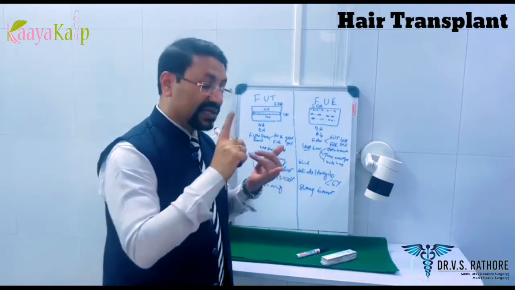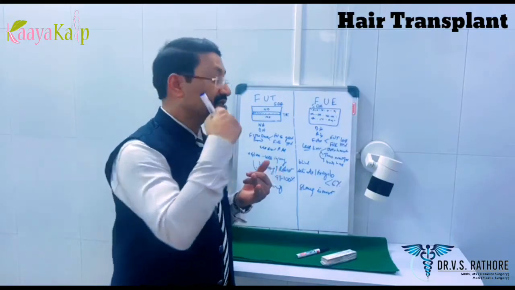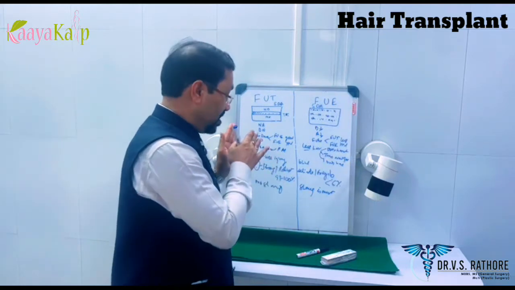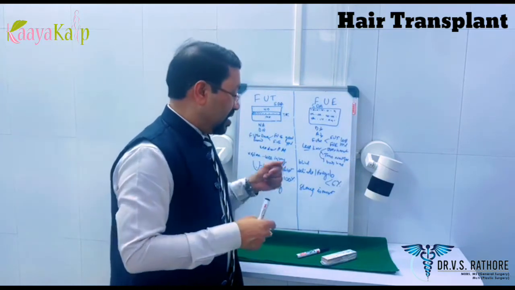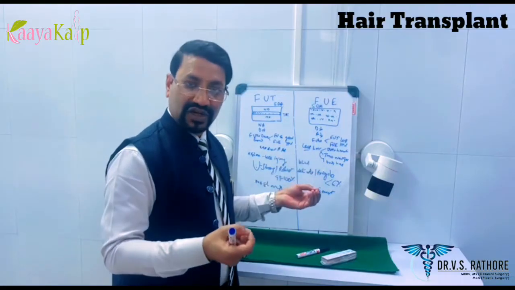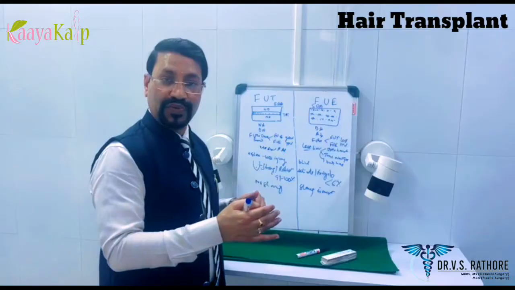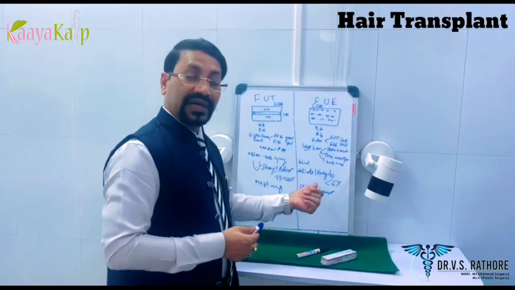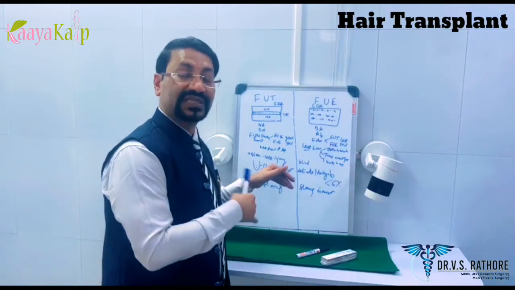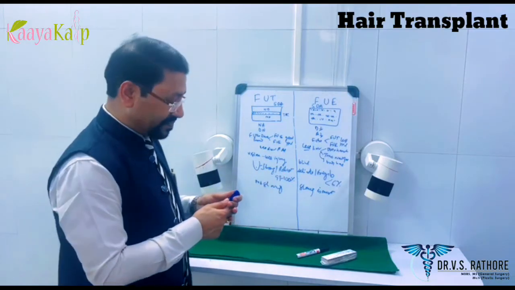The discomfort is slightly less in FUE while it is more in FUT. And the healing is fast in case of FUE because of less trauma, while in FUT it is a bit slow. In FUE, no stitching, but in FUT there definitely has to be a stitch and it needs a removal.